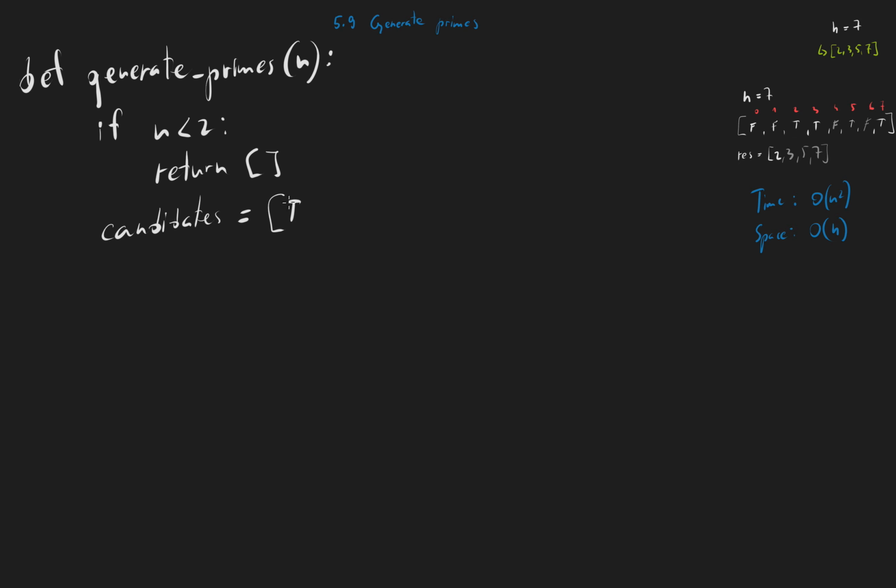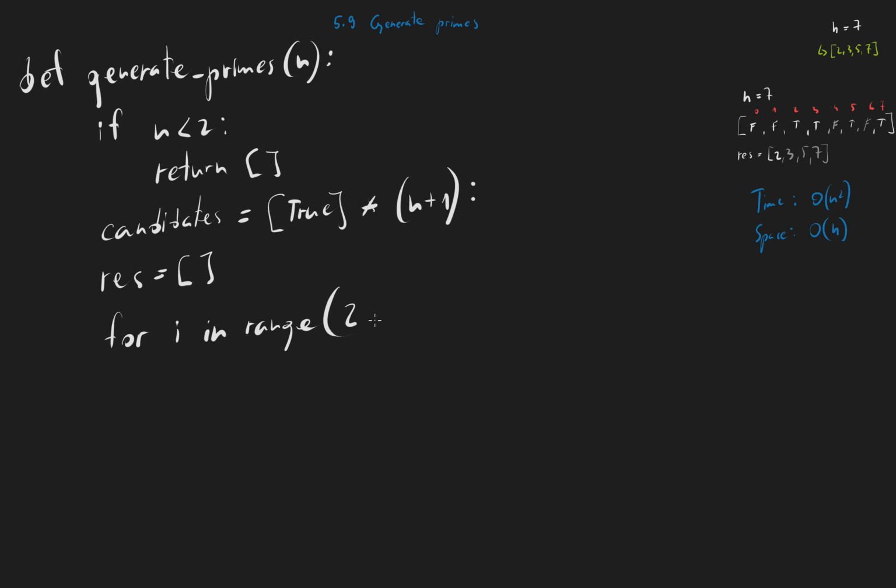So all the values will be truthy, times n plus 1. Cool. We also have a results variable, and now all we need to do is loop over for i in range. So we start from 2, because numbers below 2 are not primes, until the length of candidates.